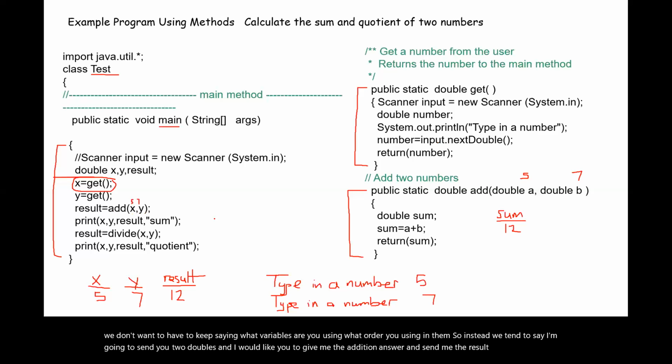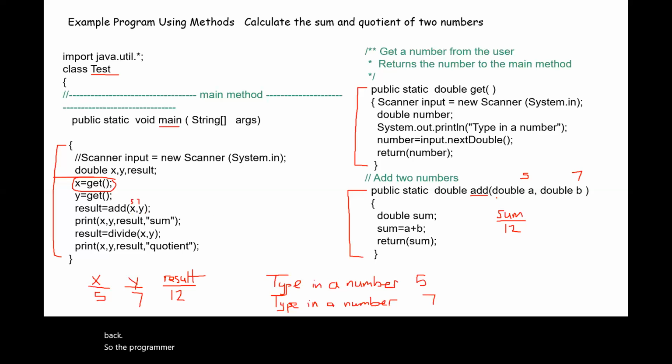So the programmer goes, right, the add function, I'm expecting 2 doubles, and I need to return a double when I give you the answer. Ah, that's what's going on here. So in the main line, I use x and y. In the methods, I use a and b. And it just keeps everything actually less confusing once you get used to it.